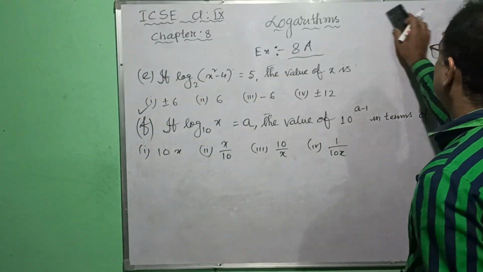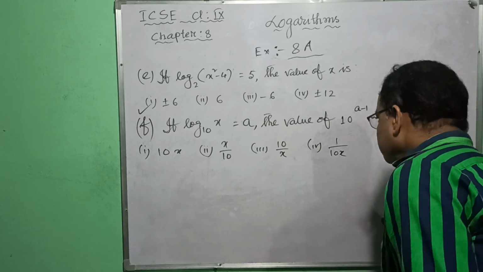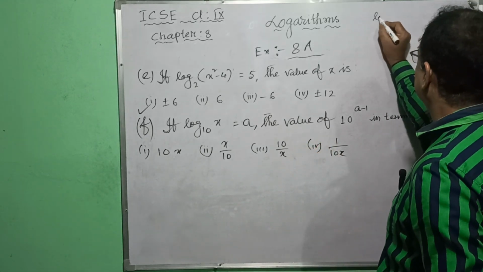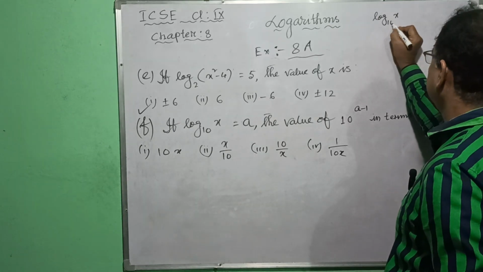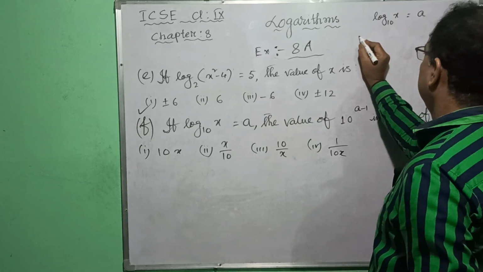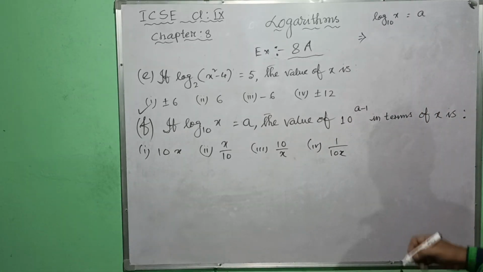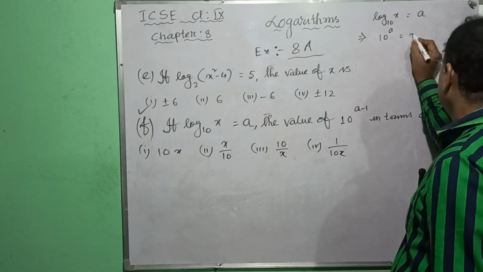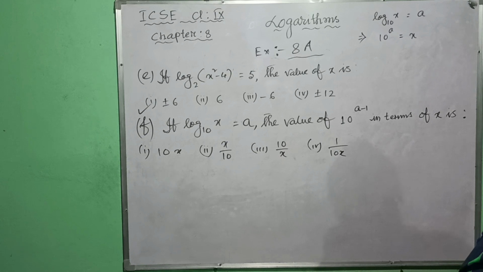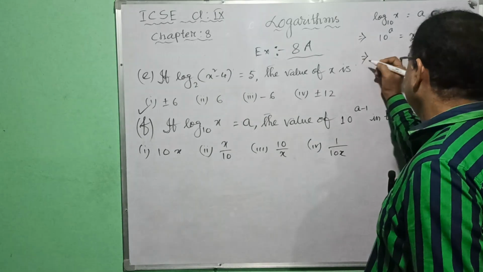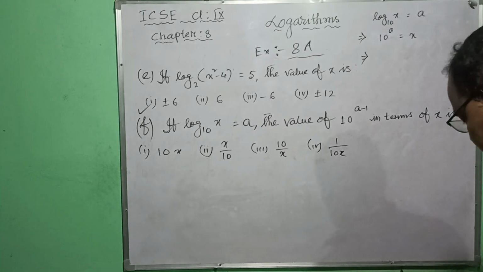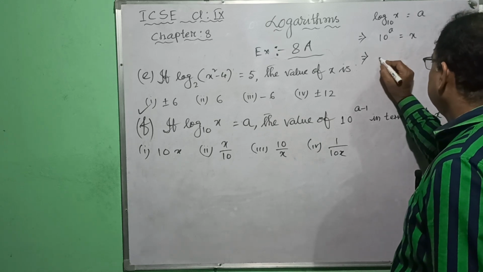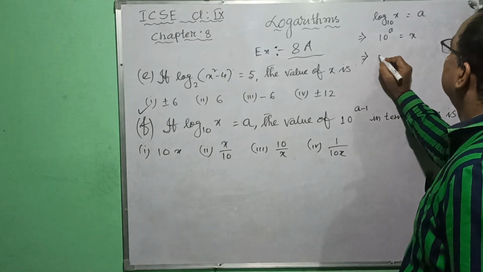So we'll try to do it here. Log x base 10 equal to a. This implies we can write it 10 to the power a equal to x. So x equal to 10 to the power a. Now, as it is given 10 to the power a minus 1, what does it mean?